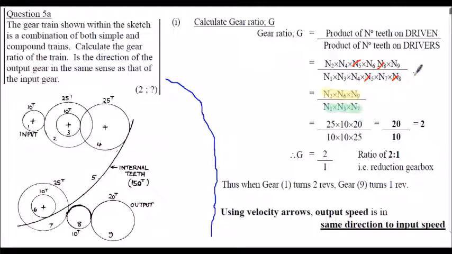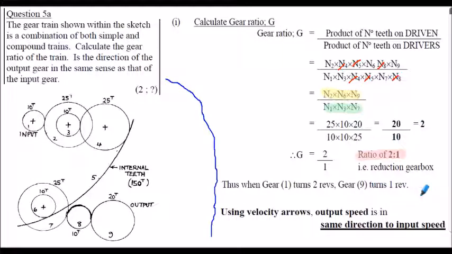So you see that they cancel out. N4 is another one. N4 is being driven by 3, but N4 is driving 5. So again, N4 will cancel out. Okay. So just N2, N6, N9 on the top line, N1, N3, N7 on the bottom line. And when you do the numbers on that, it should come out to be a 2 to 1 ratio, basically.